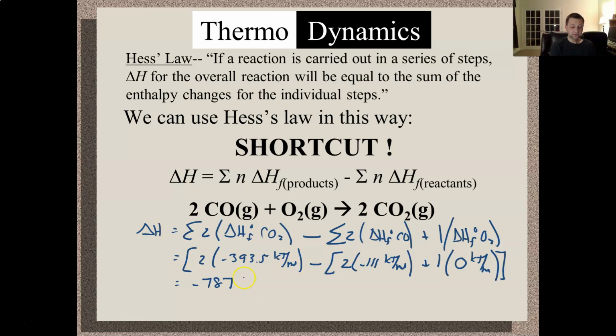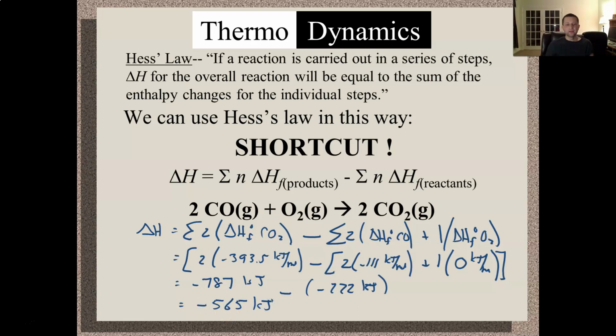So we just get negative 787 kilojoules, minus 2 times negative 111, which is negative 222 kilojoules, right? The moles cancel, plus 0. I don't need to show that. So negative 787 minus negative 222 gives us an overall value of negative 565 kilojoules.